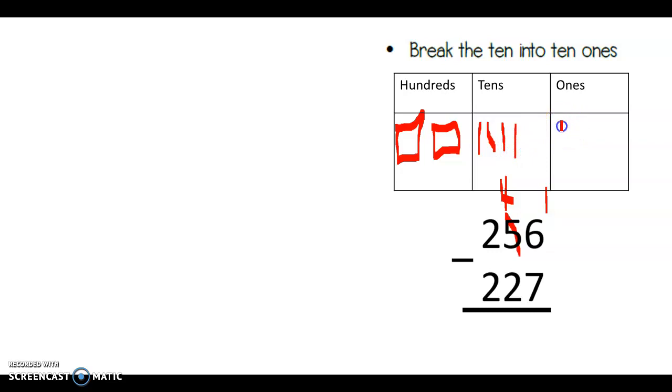And then I have my 10 that I moved over to the ones place and my 6 ones. So now it's time to break that 10 up into 10 ones, because 10 ones equals a 10.